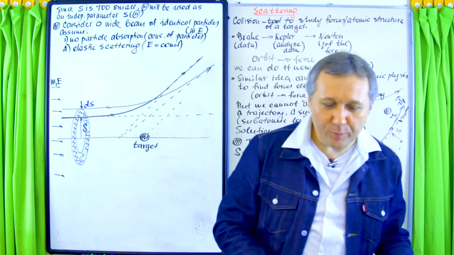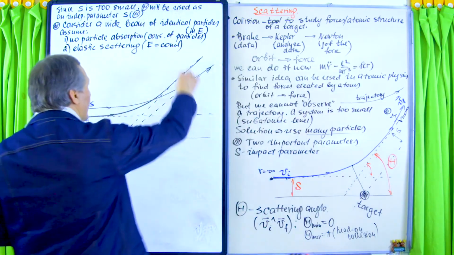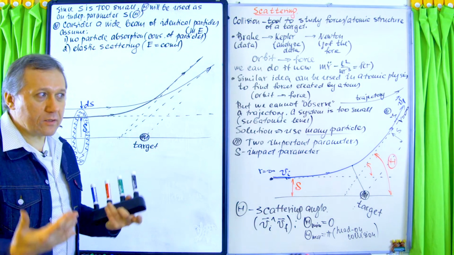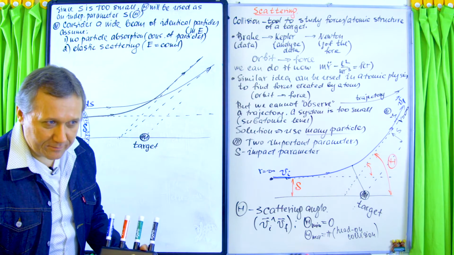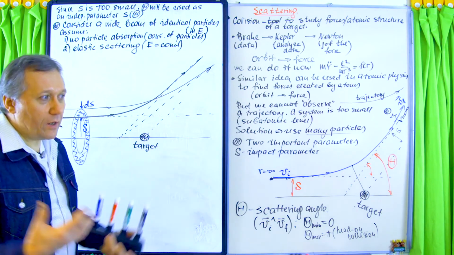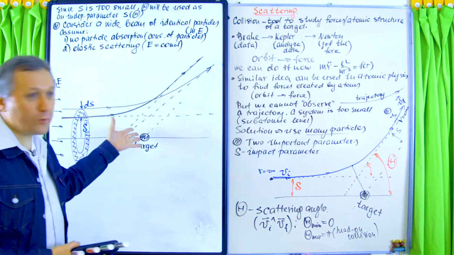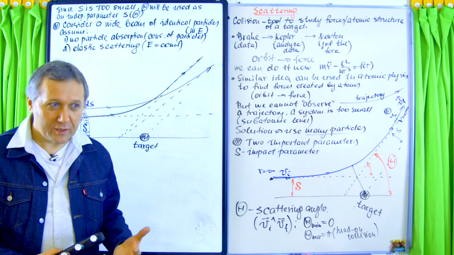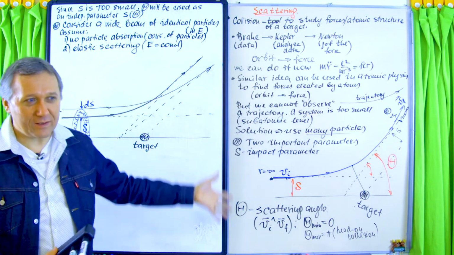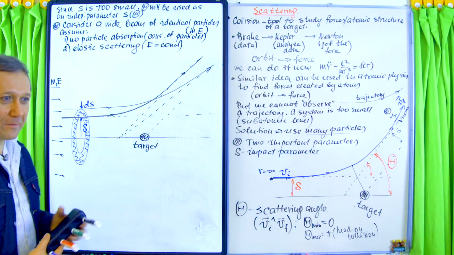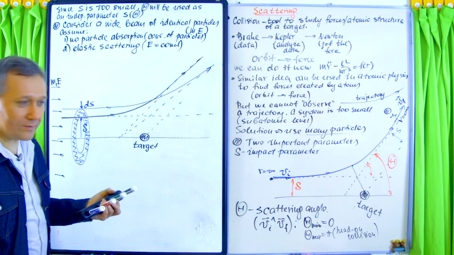And of course, it's better to position your detectors on a spherical surface centered on the target, right? Because we have forces, we have spherical symmetry. Of course, it makes sense to expect spherical symmetry and use that symmetry, right?